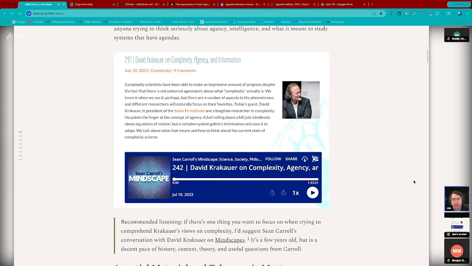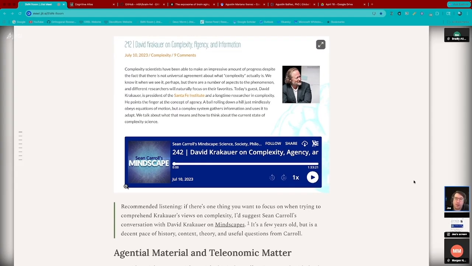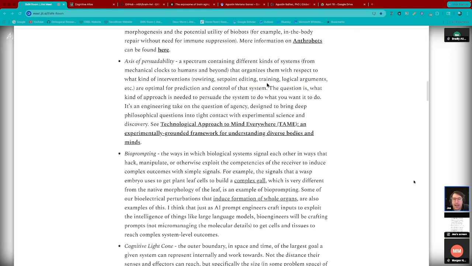And one of the things he specifically mentioned, and I don't have a timestamp for it, but somewhere in here, he addresses a little bit of what I think is quite related to the axis of persuadability, because he was saying different agents or different teleonomic matters, and I'm blurring the two camps here, essentially are more trainable than others, or have a little bit more agentic, in a Levin sense, drive to do a very specific thing, and are not as persuadable, if you will, to go away from that.